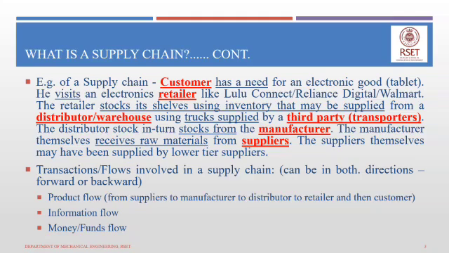So there are basically these three flows, or three transactions, involved in any supply chain, and they can be in both directions, either forward or backward. The essential flows involved in the supply chain are product flow, information flow, and money or funds flow.